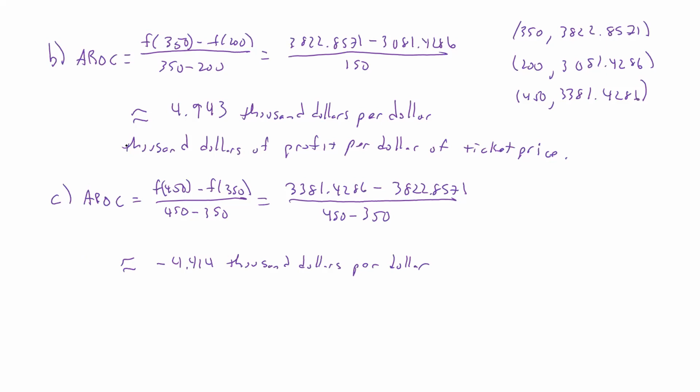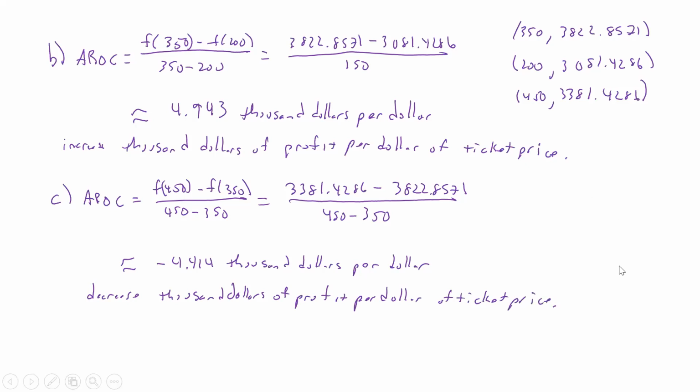Okay, that's unit, and basically where that's an increase, this is a decrease. So we are going to decrease $1,000 of profit per dollar of ticket price.